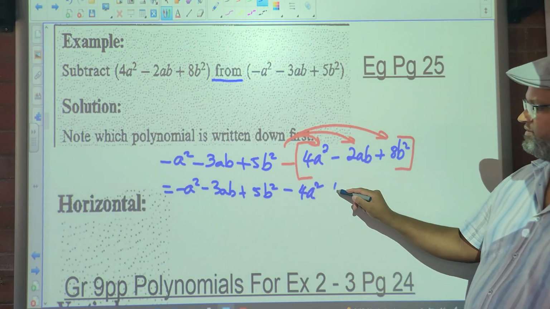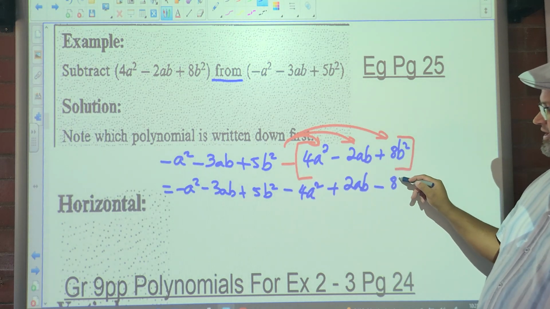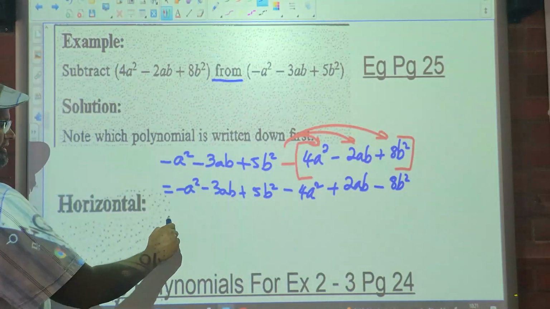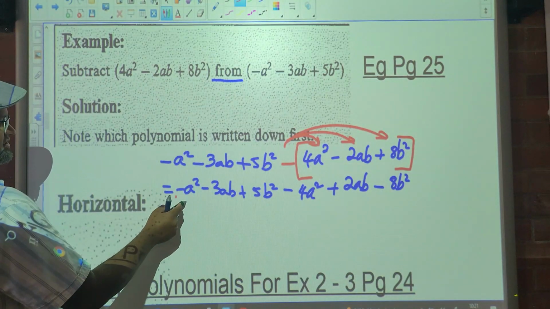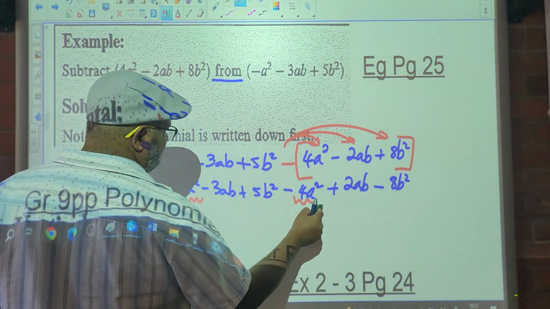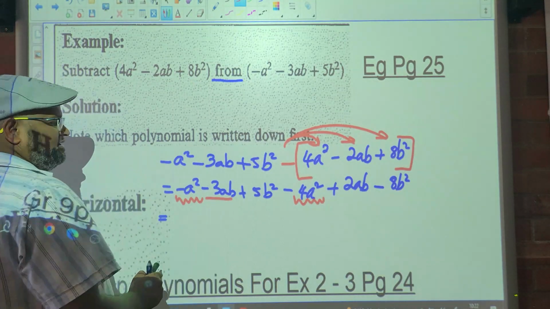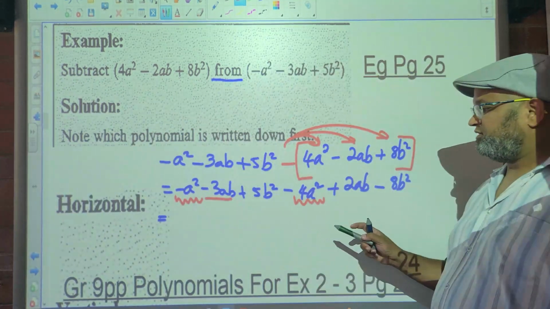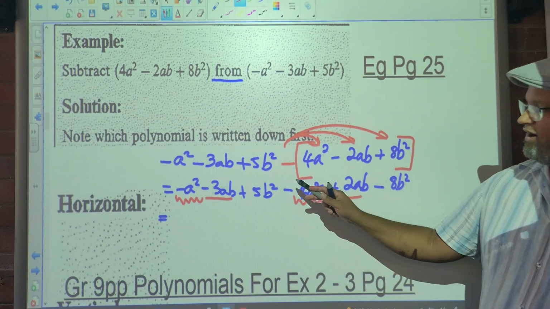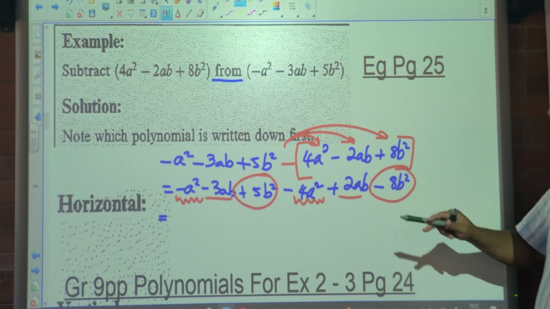What's negative times negative? Positive 2ab. Negative times positive? Negative 8b squared. Now what do we do? Like terms. Negative a squared and negative 4a squared are like terms. Negative 3ab is a like term too, positive 2ab. 5b squared is a like term too, negative 8b squared.